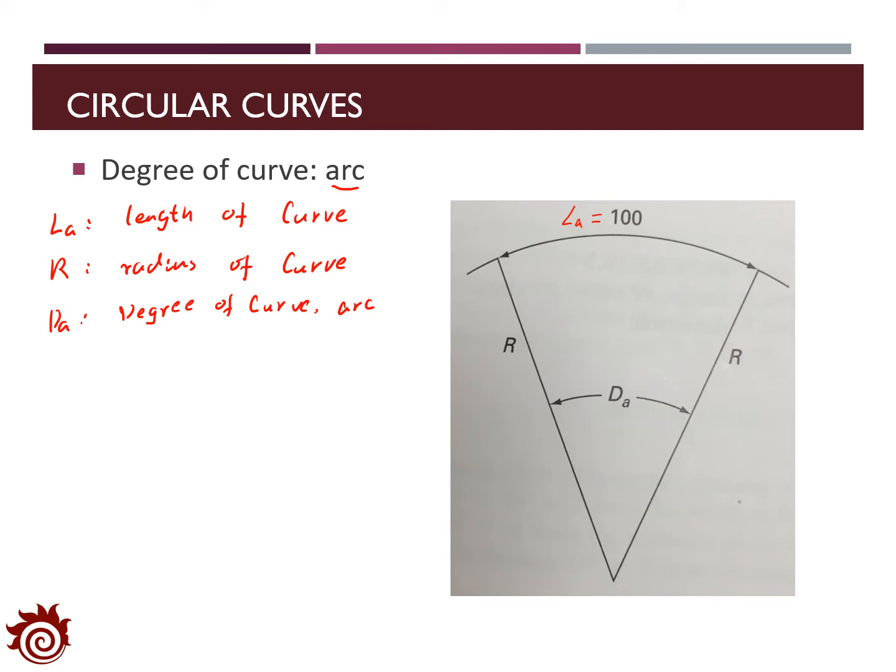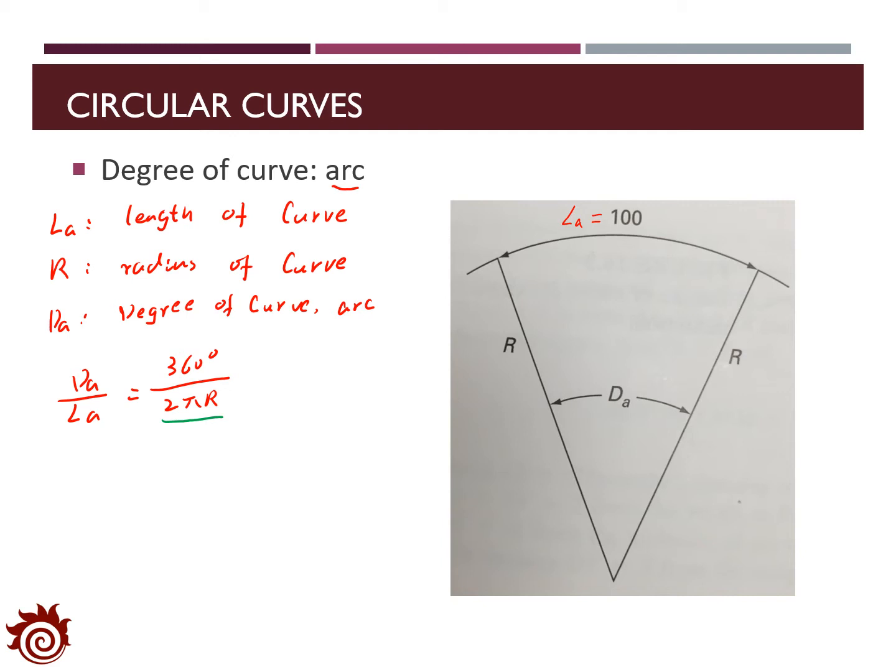With that, we can define dA by the following equation as dA over LA equal to 360 degrees divided by 2 pi r. In this equation, you can see that 2 pi r is the perimeter of the entire circle.